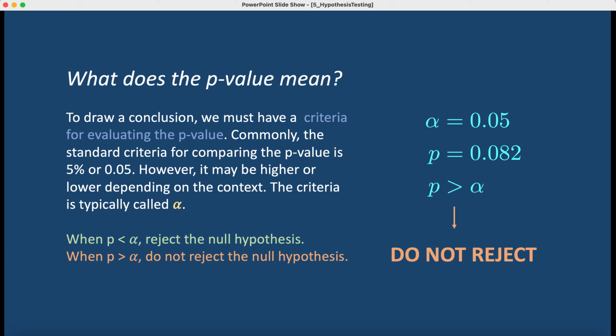If the true population mean is 6 eggs per week, and we get 5.2, that's not an unreasonable result. 8.2% of the time, we'd expect a value that extreme, so like 5.2 or less, or if you're going the other direction, a 6.8 or more. Either of those outcomes is not unreasonable. So we do not reject the null hypothesis here. We find that the null hypothesis is still possibly true.